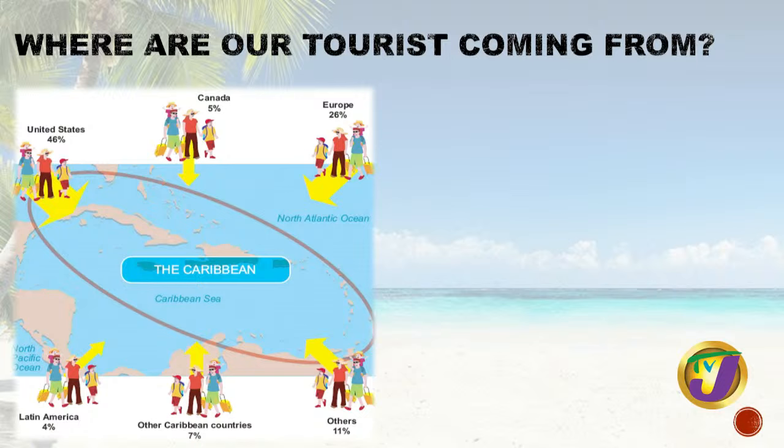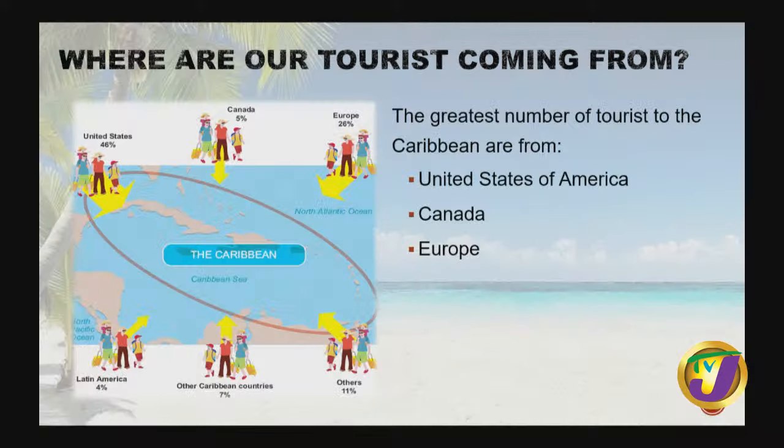So we have the Caribbean region, we have the United States being represented here, we have Canada represented here, and we also have Europe representing here. Majority of our visitors who are coming into the Caribbean region, they are coming from those main regions. That's North America, to include North America and Canada, which sits on the same continent, and Europe.